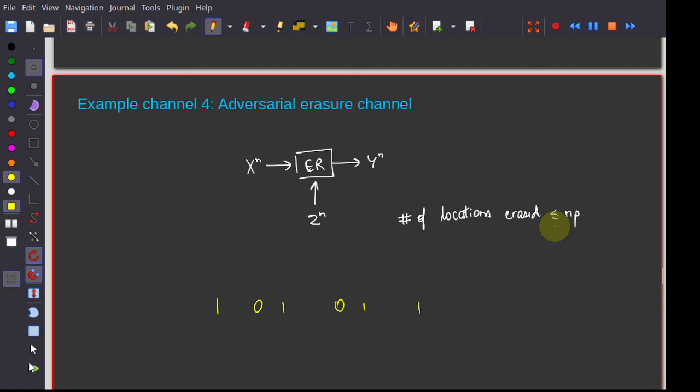So there is this difference between random noise and adversarial noise channels, and in general, adversarial noise channels are very, very hard to handle. In fact, we don't even know the optimal rate of transmission for most adversarial noise channels.